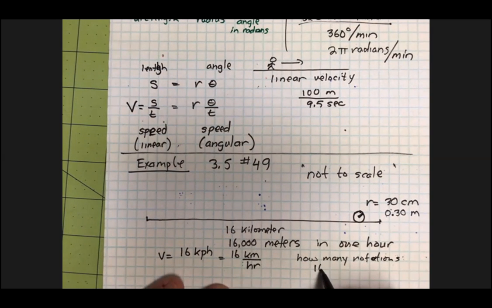It would be 16,000 meters divided by 0.30 meters. Now that's going to be rotations, not degrees, not radians. One rotation is 360 degrees. One rotation is 2 pi radians.